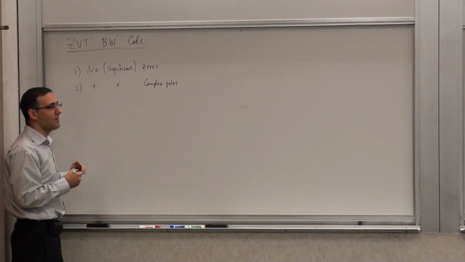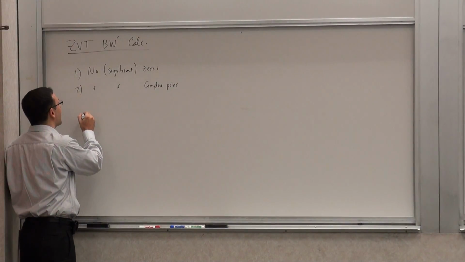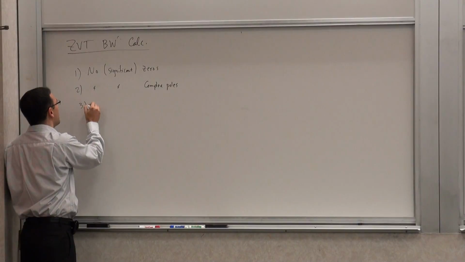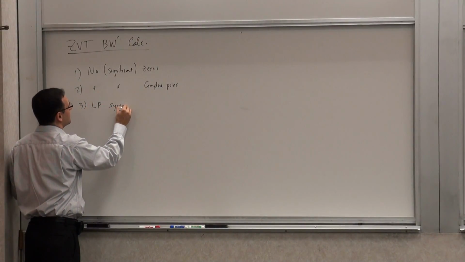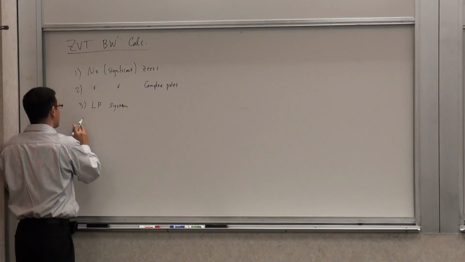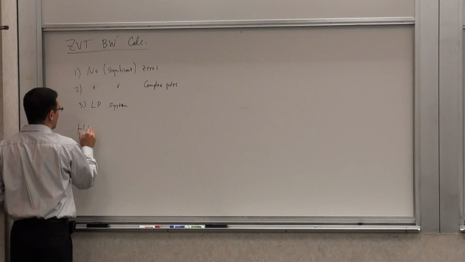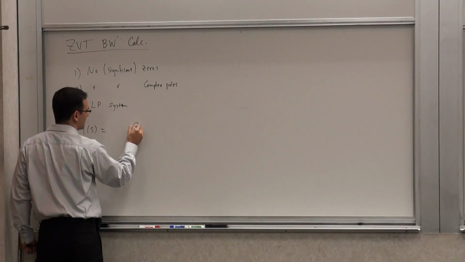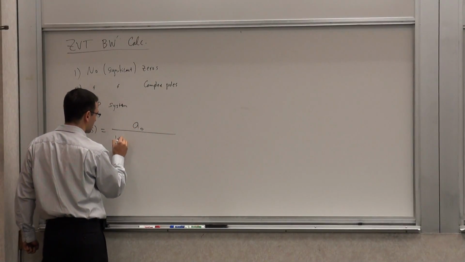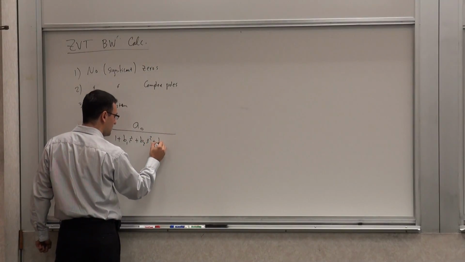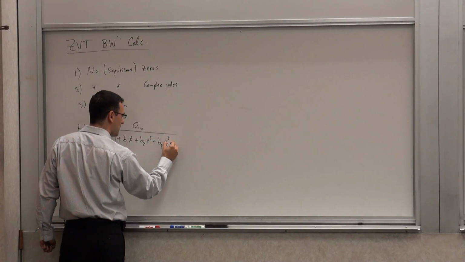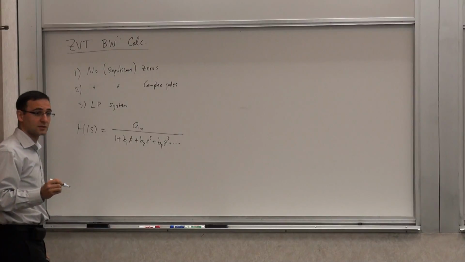Now, with these two assumptions, we want to come up with a way of approximating a low-pass system. So let's say you're assuming a low-pass system, whose transfer function looks like this, all the way to the higher orders.